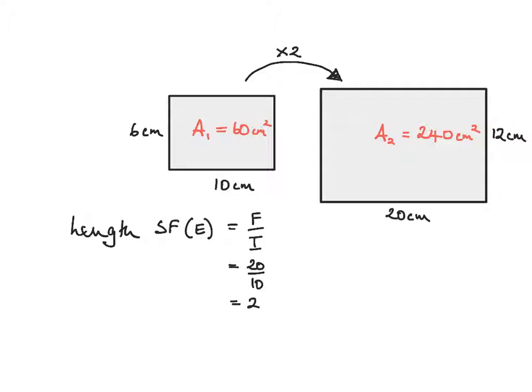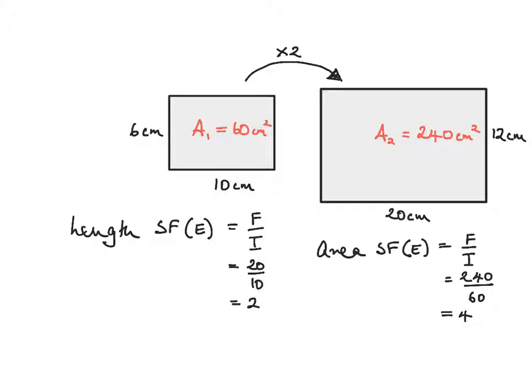So, the area scale factor for enlargement, we're going to use exactly the same formula, final over initial. The final area is 240 and the initial area is 60, which gives me a value of 4.